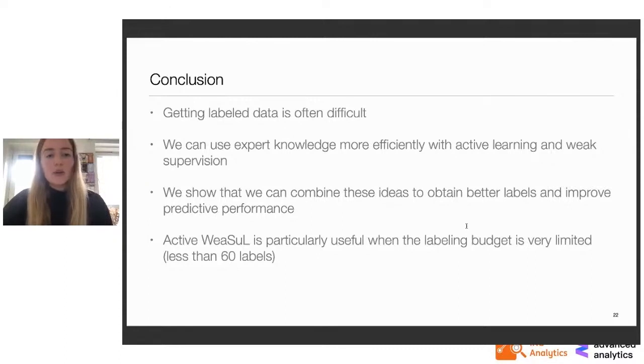And we have shown with our method that it can be useful to combine these ideas to get better labels and therefore a better predictive performance. And it's especially useful in settings where it's very difficult to label, so the budget is really very limited, because then we've seen that we can get the best performance increase.